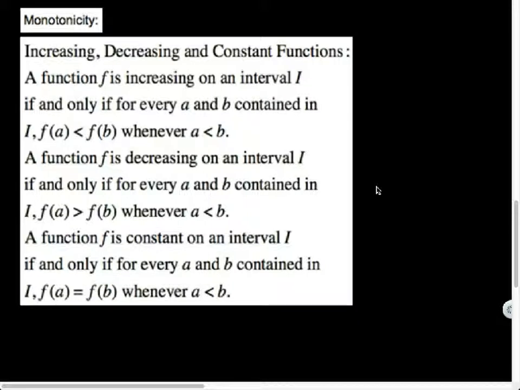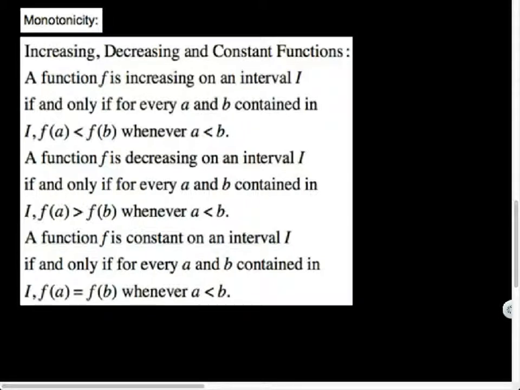That's what I'm trying to describe. Monotonicity.